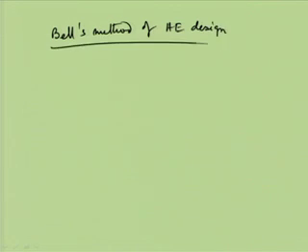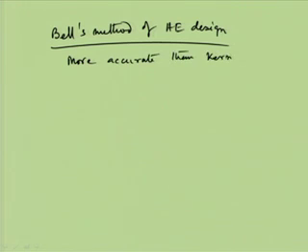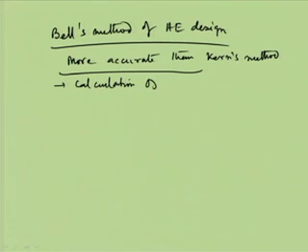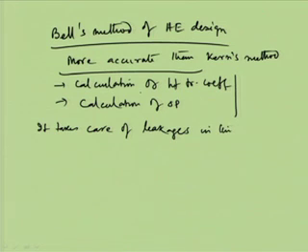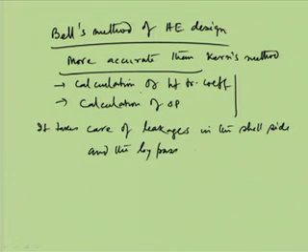It is more accurate than Kern's method, more accurate in the calculation of heat transfer coefficient and the calculation of delta P. Bell's method is more accurate because it takes care of leakages in the shell side and the bypass flow in the shell side.